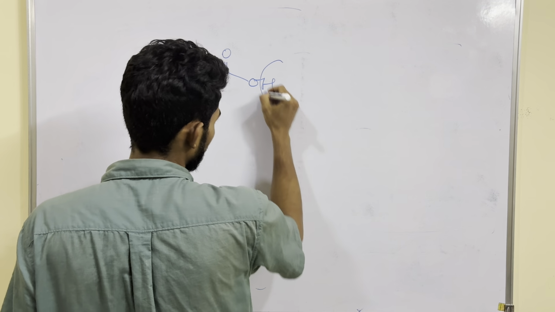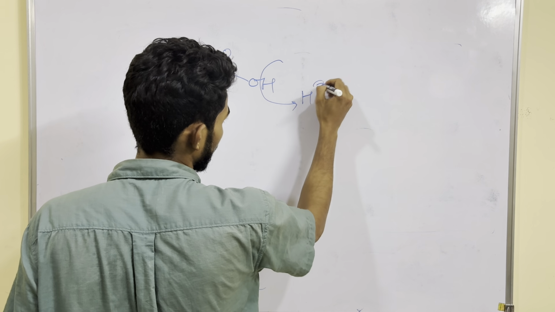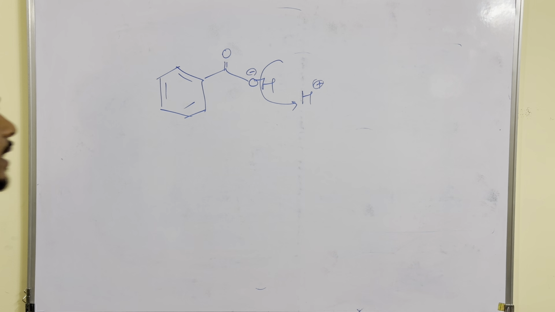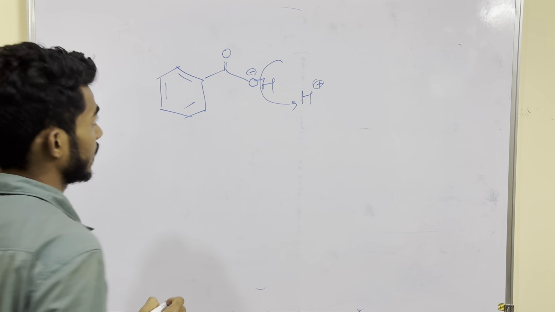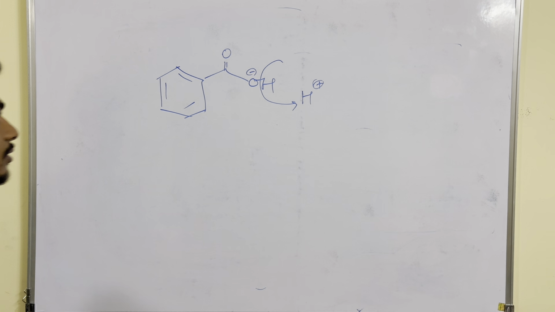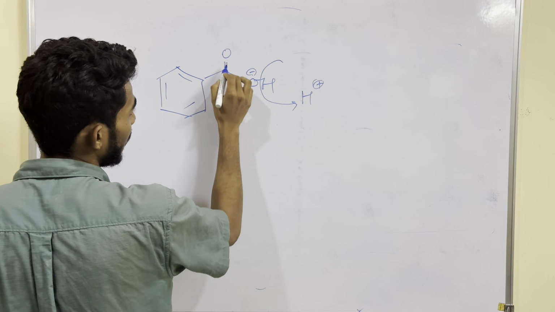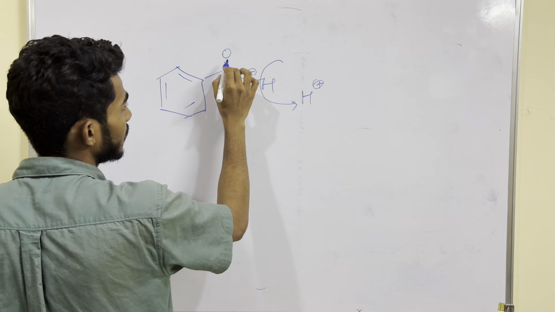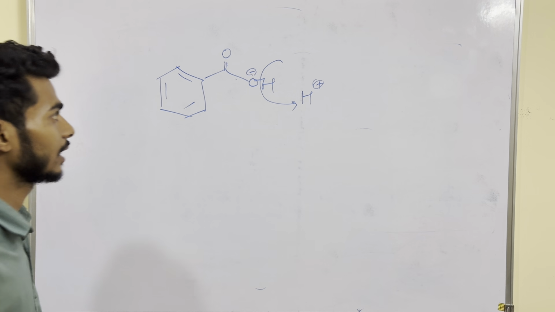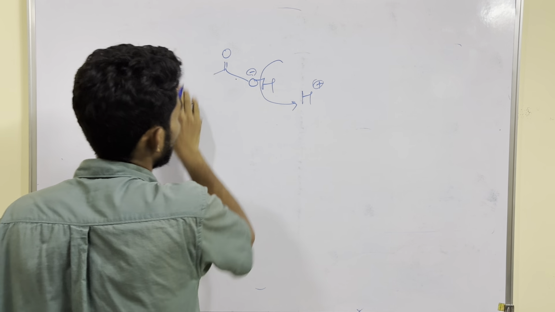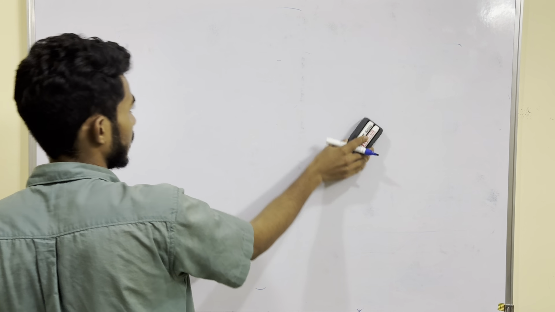If this benzoic acid donates that H+, then ultimately what will happen? O- will be there. And this O- will be stabilized by aromaticity. Yes or no? See, this negative charge, sigma pi, pi, sigma pi. Like this you have to see.